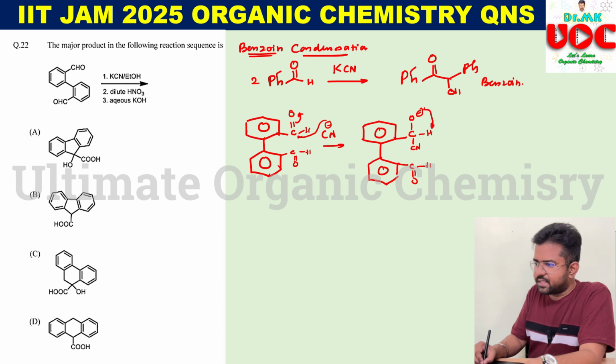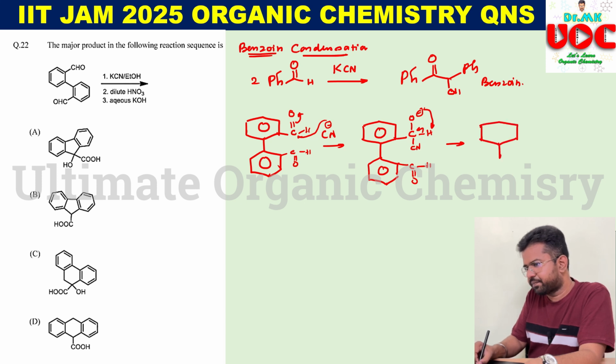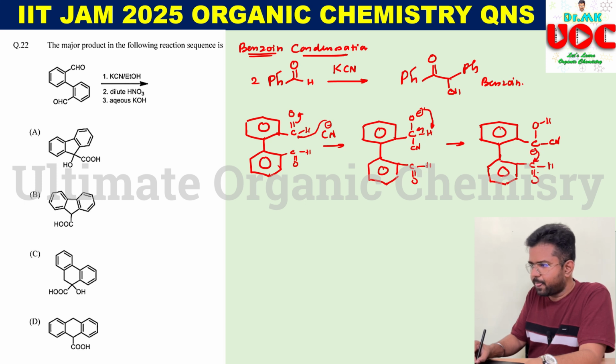So O minus takes this acidic hydrogen, the electron is shifting towards the carbon atom. It leads to the formation of a carbanion intermediate. This carbanion attacks here, leading to the formation of a cyclic compound. That is an intramolecular benzoin condensation.